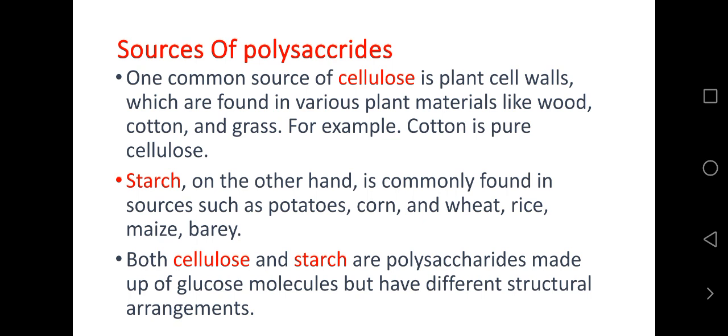Starch, on the other hand, is found in sources such as potato, wheat, corn, rice, barley, and maize. Both cellulose and starch are polysaccharides made up of many glucose molecules, but have different structural arrangements.